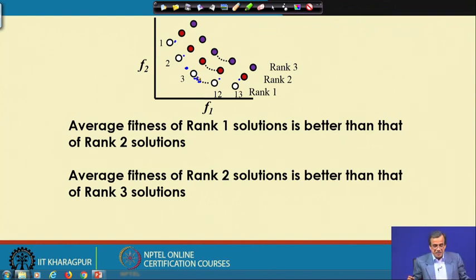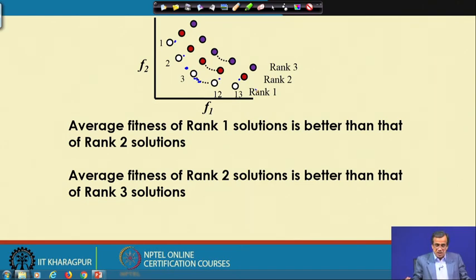If this is the problem, then there is a possibility that in the next iteration, the end solutions like 1, 2, 12 and 13 will be deleted from the population, and we may not get the whole stretch of this particular Pareto optimal front of solutions. That means a part of the Pareto optimal front could be lost, and if it is lost, then the diversity from the GA search will be lost, and that is not a very efficient search.